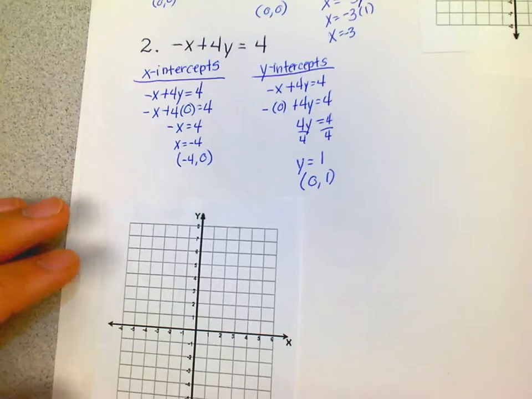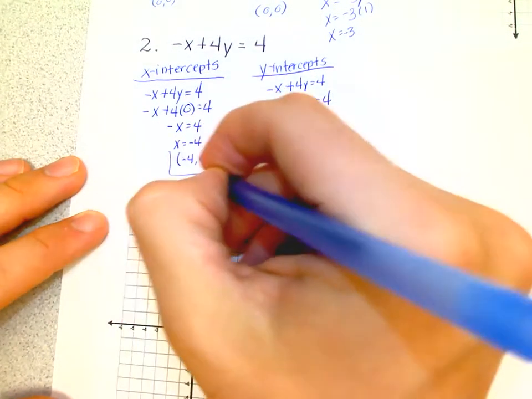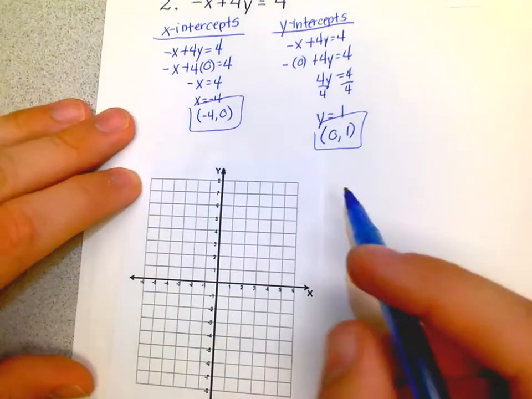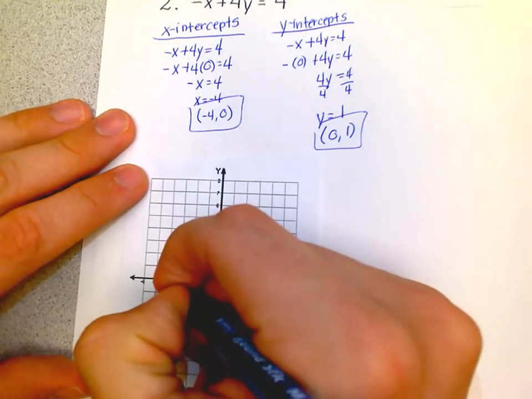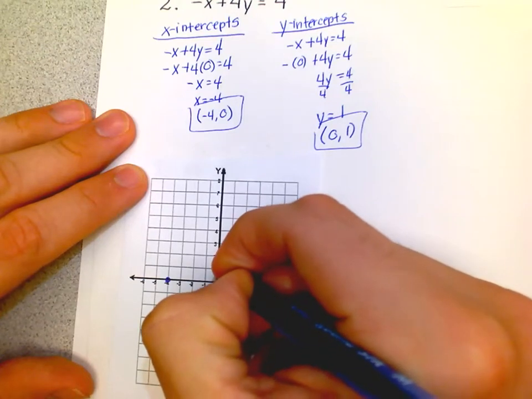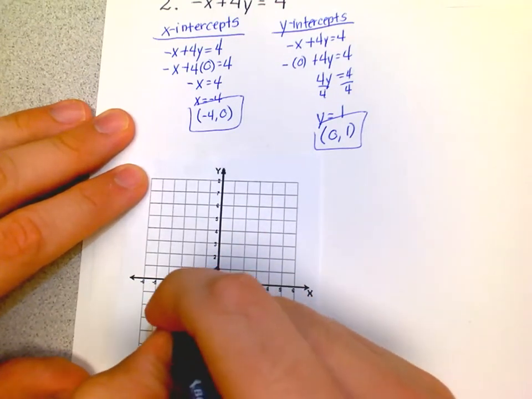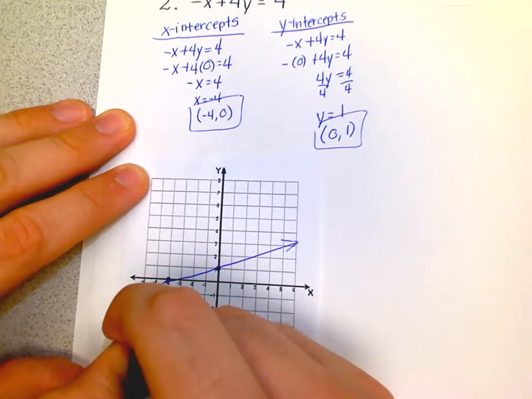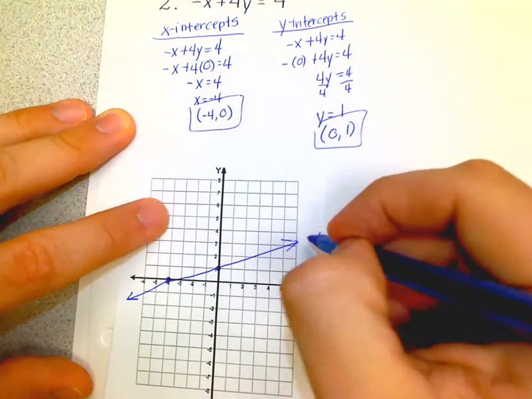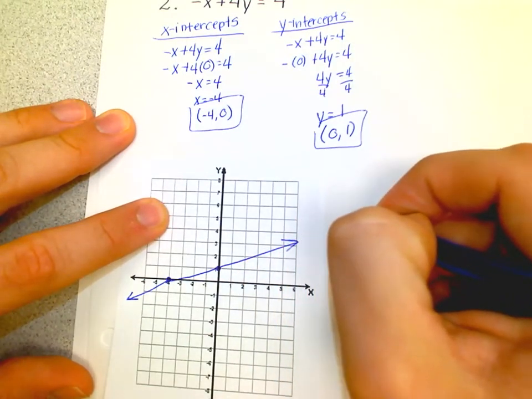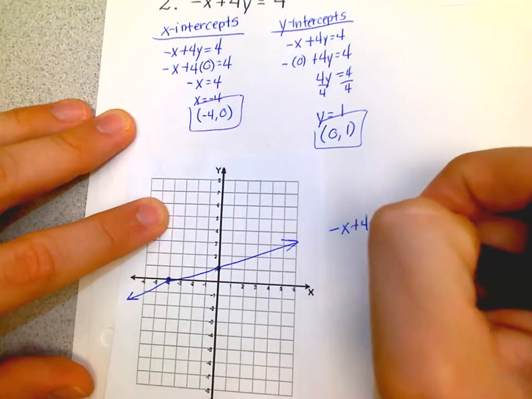So let's take our 2 points that we have right here and right here, and plot these on the x and y axis. So negative 4, 0 would be right here, and 0, 1 would be right there. So what we want to do is connect the 2 points, and roughly that is what the linear graph of negative x plus 4y equals 4 looks like.